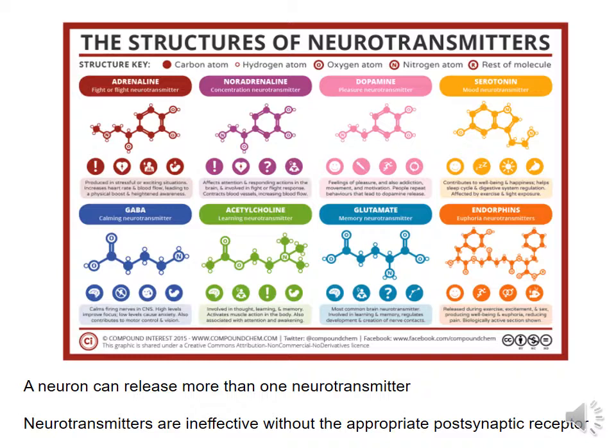So there are not specific neurons that release one unique neurotransmitter, but they can release different neurotransmitters. And they're certainly ineffective without the appropriate postsynaptic receptor. If there's not a receptor that they can interact with, these neurotransmitters are useless.